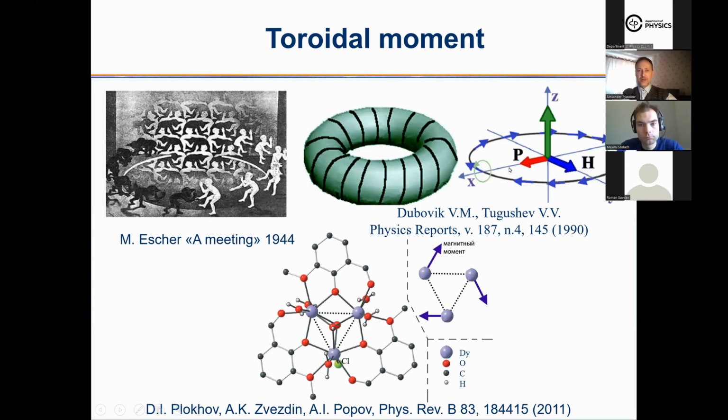Why toroidal? Because its field is analogous to the field of a toroidal solenoid. There is a curl of magnetic field and a special toroidal moment. So the toroidal moment also is a P and T odd vector, and it can also relate magnetism to electricity.